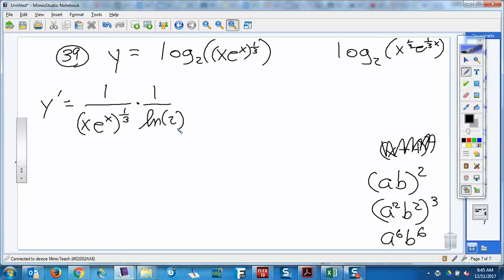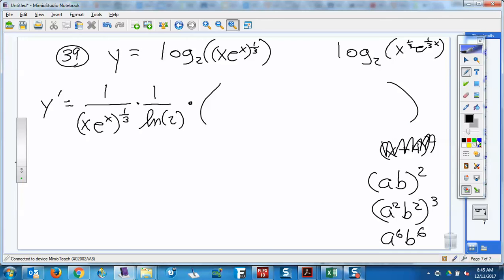Log base b, 1 over u times 1 over ln b, so 1 over ln2, now times u prime. So that's where all the work is on this one, is now times the derivative of the inside, right? So I put a big set of parentheses because that's what comes next.